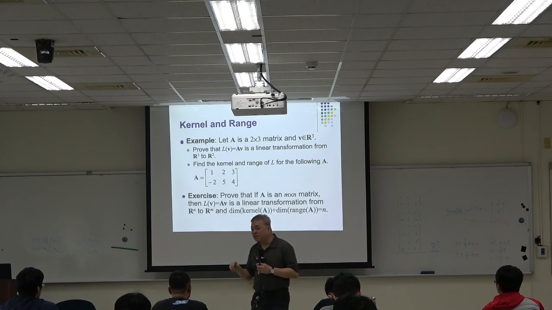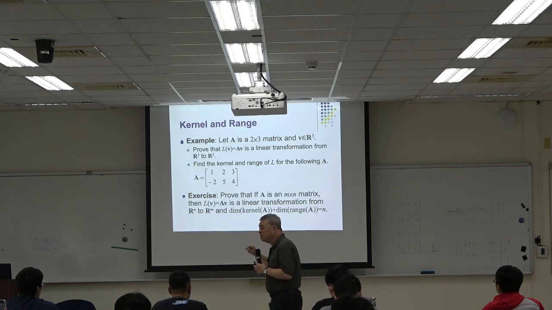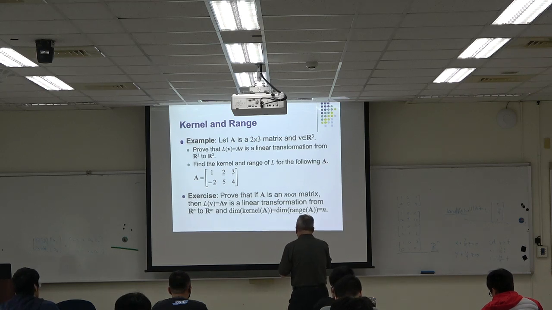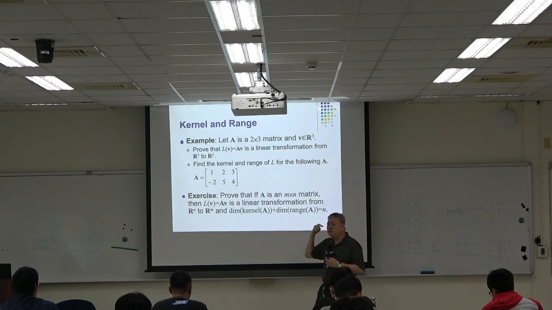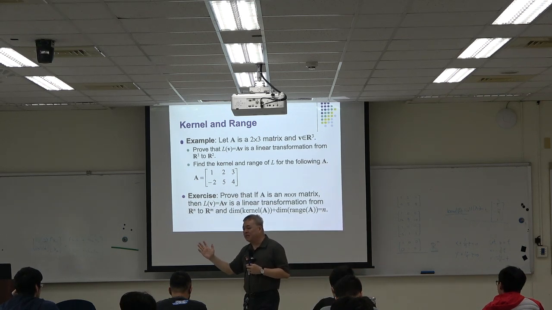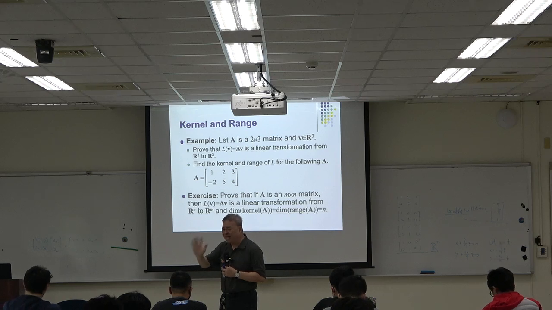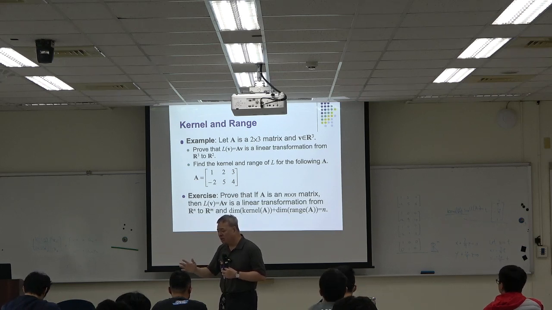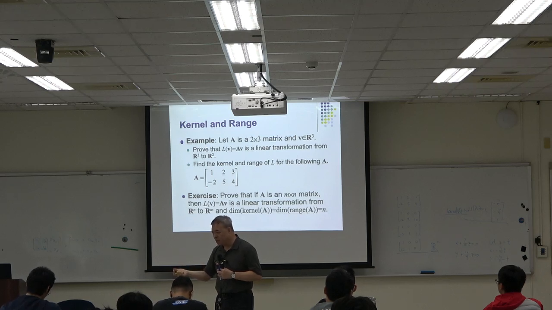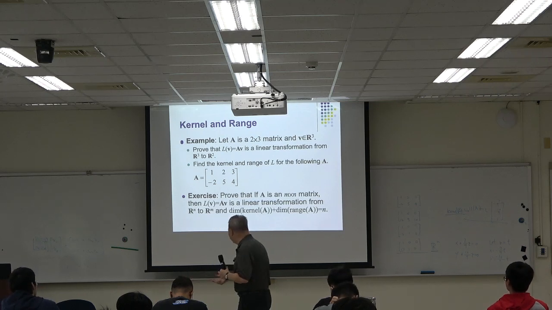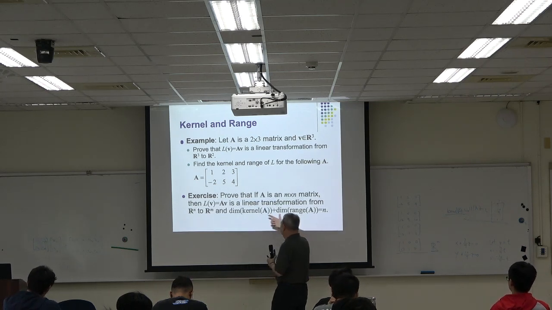its dimension, or the nullity of A, right? And what did we just do? We found the dimension of its column space. Didn't we say before that the column space dimension and the row space dimension are the same? The column space dimension and the row space dimension are the same, right? And it is defined as the rank of A, and we know the nullity plus rank equal to n.